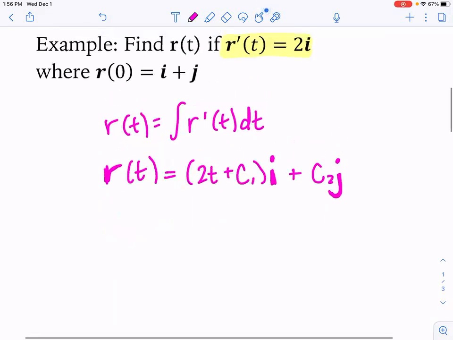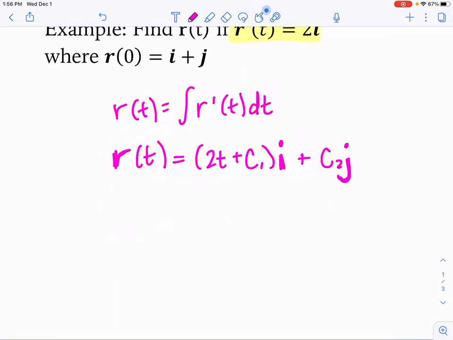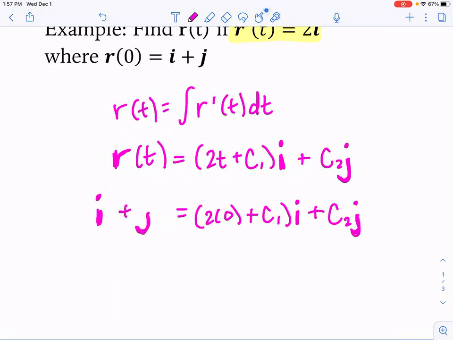Okay. Now we know that R of 0 equals I plus J. So when we plug in 0, then our vector better equal I plus J. Okay, so what does that make C1 equal to?